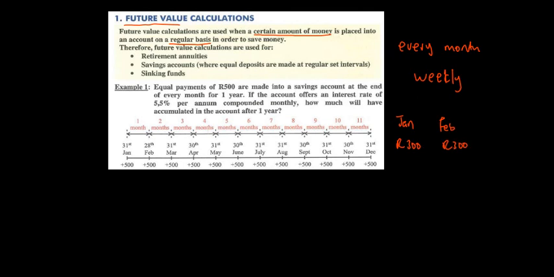Every month you're taking 300 to the bank, whether you are sick, whether you are tired, whether you just got married. That is called a regular payment.